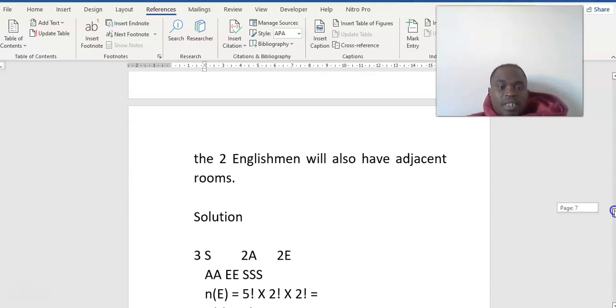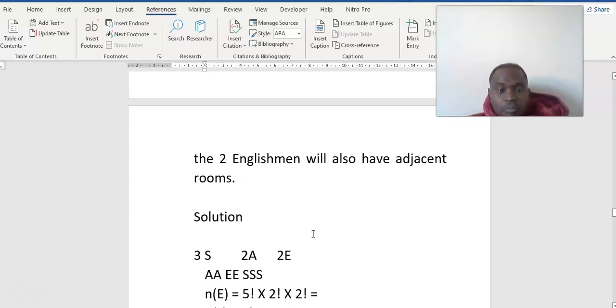Okay, so let's see how we are going to do it. We have 3 South Africans, 2 Australians, 2 Englishmen. I've summarized the information here to help me answer the question.